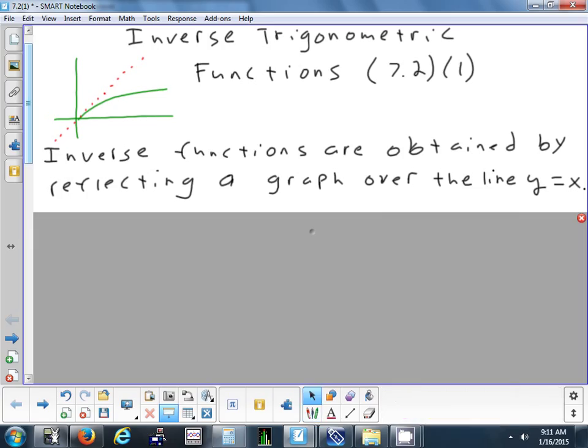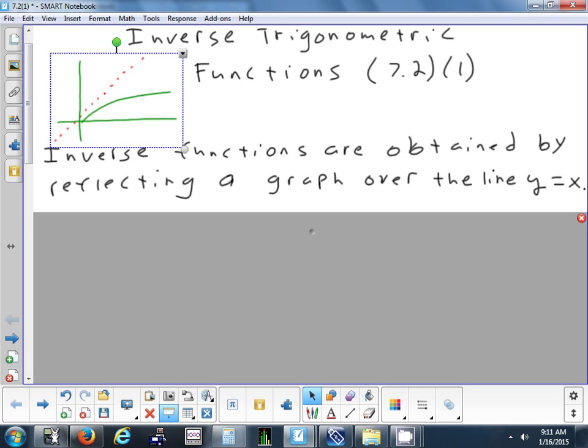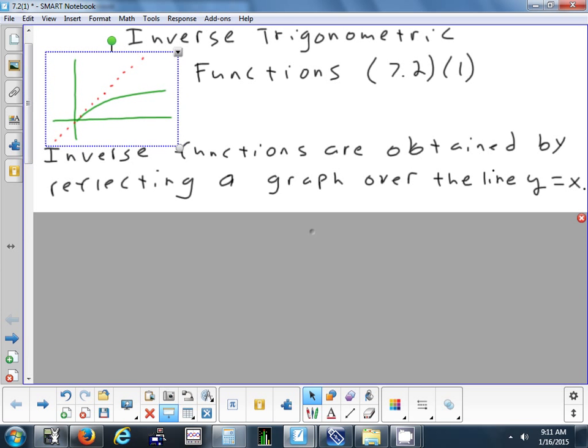Does anybody remember what the inverse of a log is? Logarithms start to go up very, very slowly. What's the function that goes up very quickly? Yeah, an exponential. And let me trace over that. Okay, there's your log function.